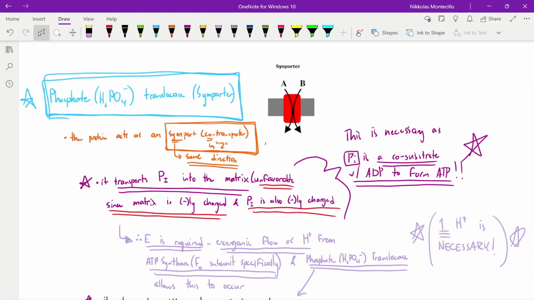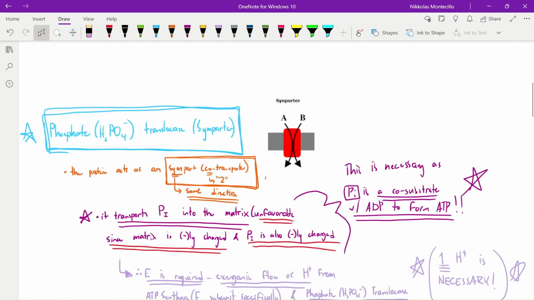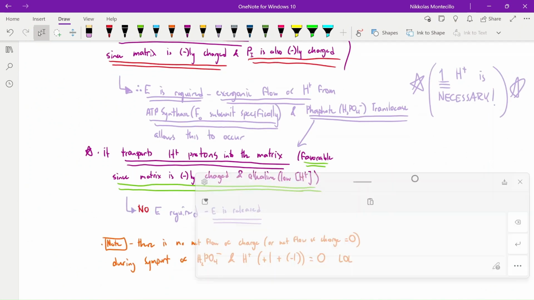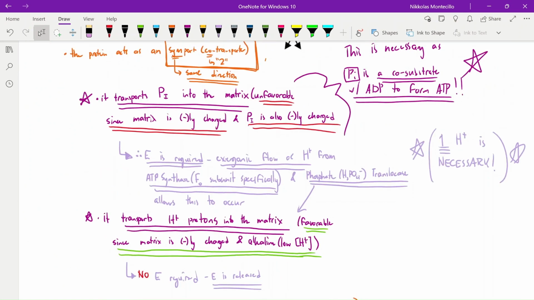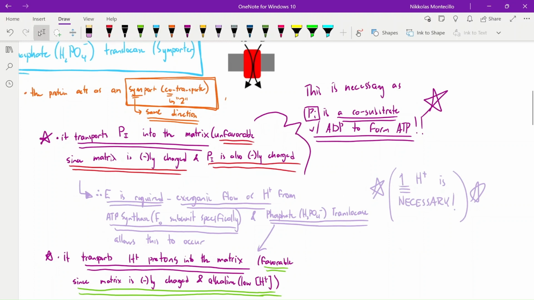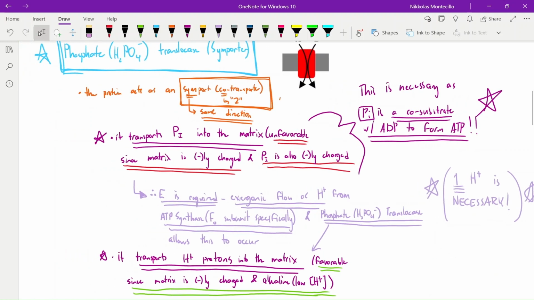But this is a very necessary step, as the inorganic phosphate is a co-substrate with ADP to form ATP. So energy is required, right? So thus we rely on the exergonic flow of a hydrogen proton from ATP synthase in phosphate translocase to allow this to occur, right?